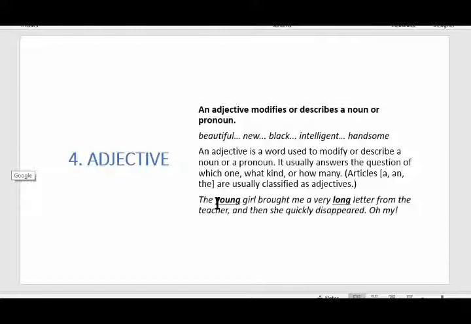So in here, the word young is describing the noun girl, and in a very long letter, the word long is describing the word letter. So the words young and long are called adjectives.